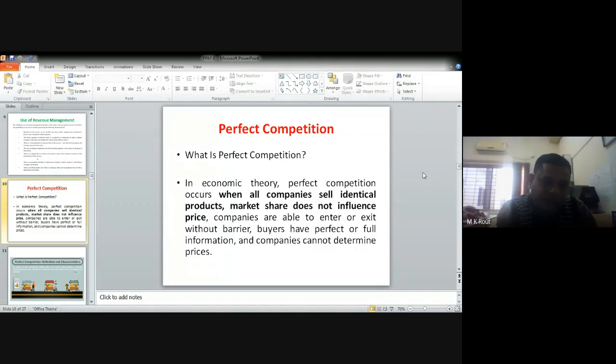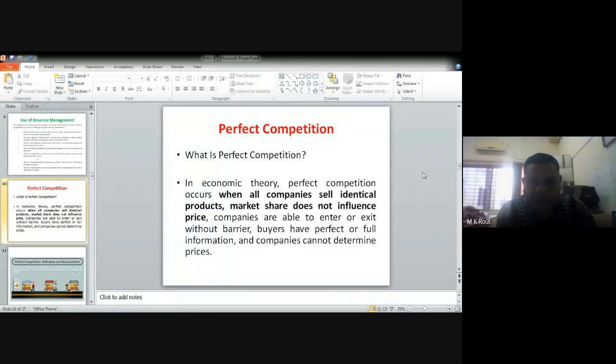But in perfect competition, this does not happen, especially in virtual modes. Examples of perfect competition include some agricultural companies, some e-commerce companies, and some broadband companies providing data packages. They are also providing various types of perfect competition, especially with reference to data packages.